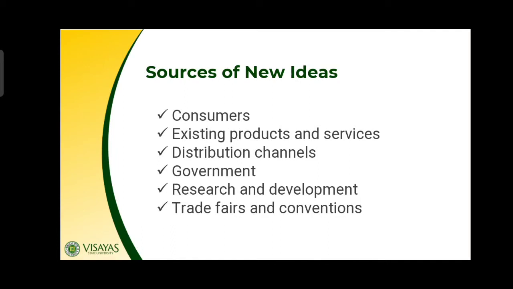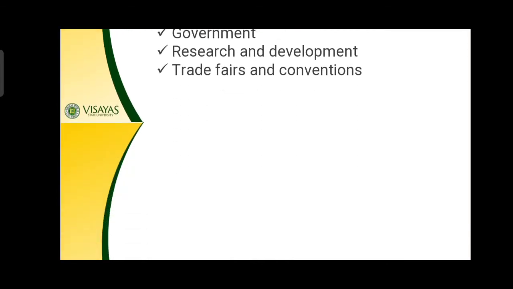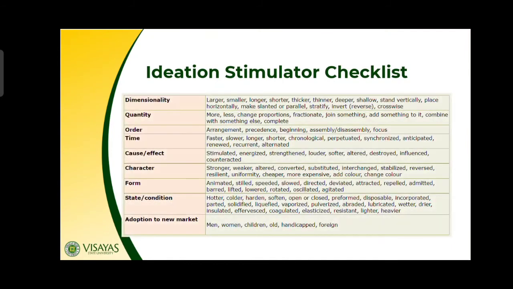Of course, what should these ideas bring? These ideas, you must present them specifically. The ideation stimulator checklist is a concrete example of a systematic approach to developing new ideas.